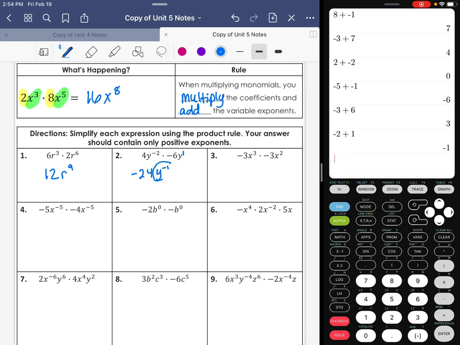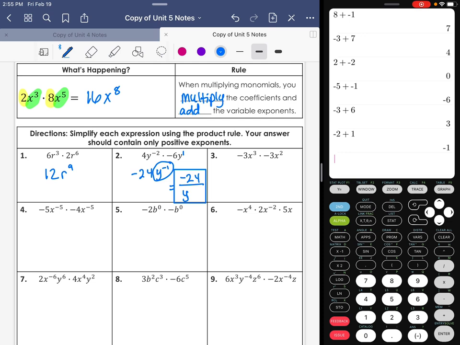So this part and this part only does need to move to a denominator. The negative 24 does not have a negative exponent. It just has a negative. So it doesn't need to move. So it's actually y to the positive 1 power. But remember, y to the positive 1 power is just y. So you do not have to have that exponent there. Okay?